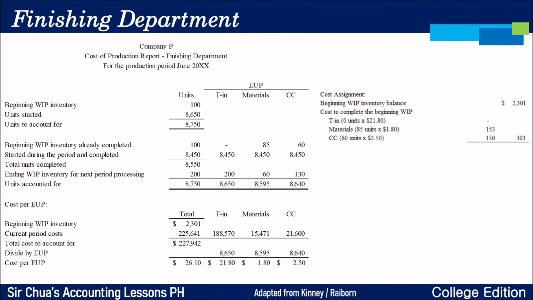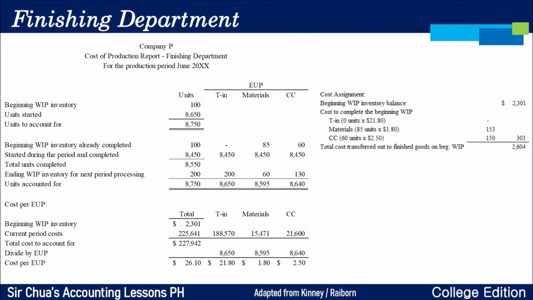And then, syempre, as to conversion cost, 60 equivalent units times 2.5. Okay? So, ang nagastos daw po to complete the beginning work in process for the current production cycle is 303. So, ito daw po yung cost ng beginning work in process na natapos na. At yan po yung beginning work in process na tinransfer na natin sa finished goods, 2,604.